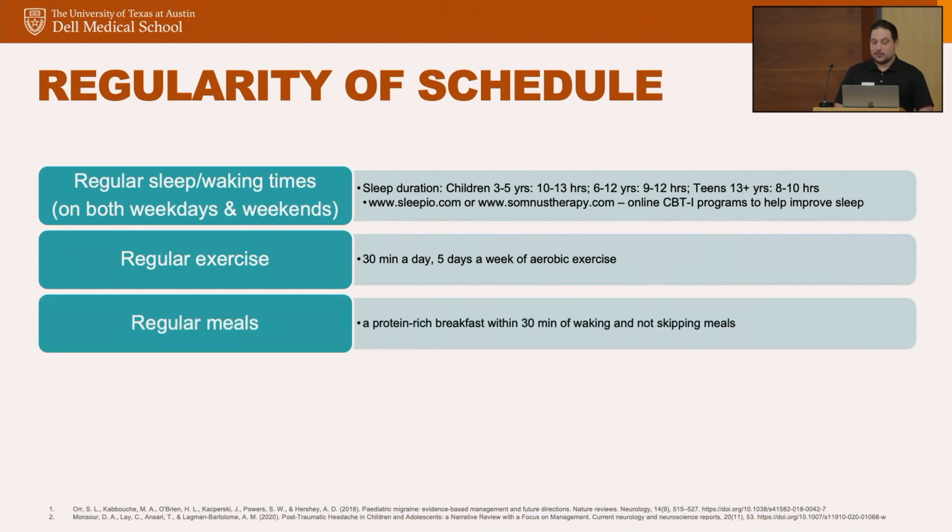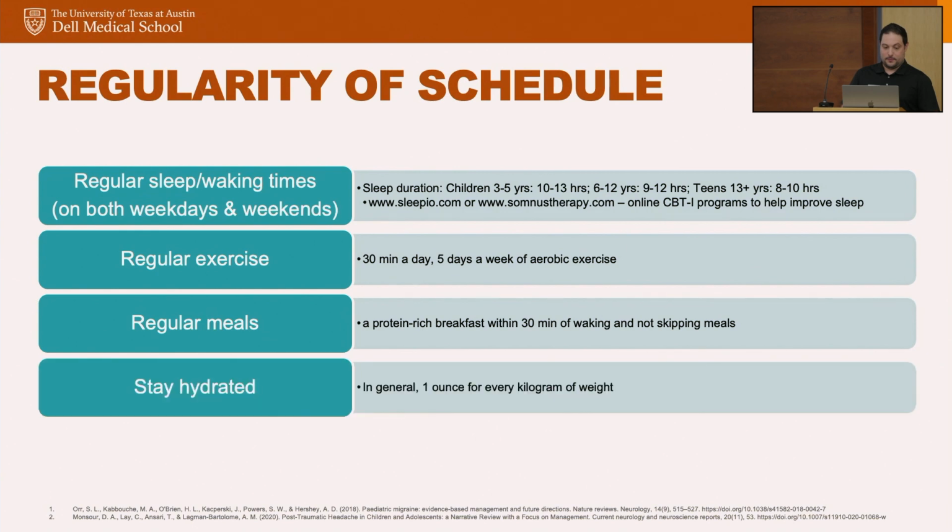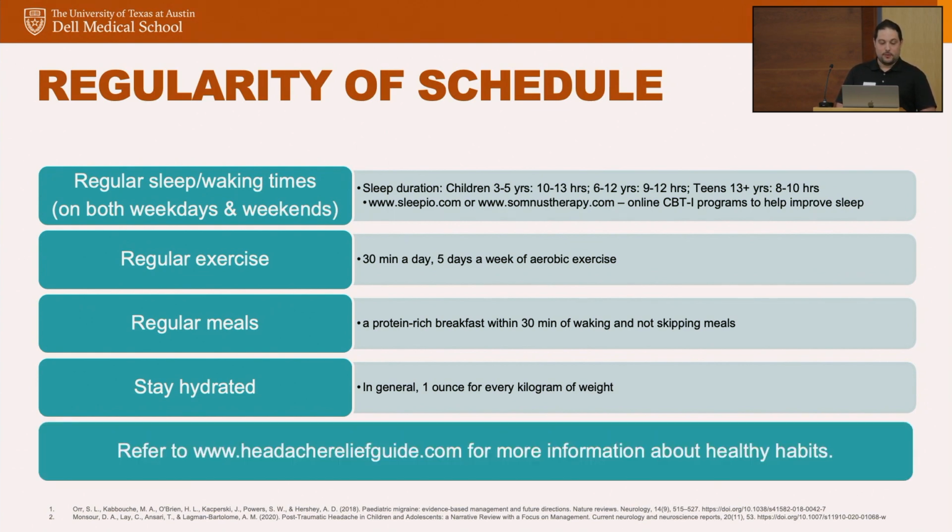Regular meals, eating a protein-rich breakfast within 30 minutes of waking, and not skipping meals throughout the day. Staying hydrated. In general, I tell my patients to drink 1 ounce for every kilogram of weight. And then I also provide all my patients this link, so if they want more information about healthy habits.